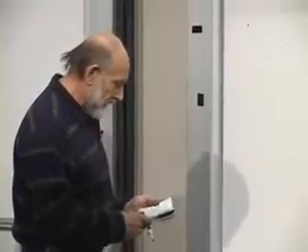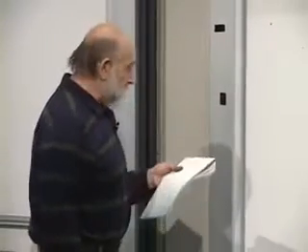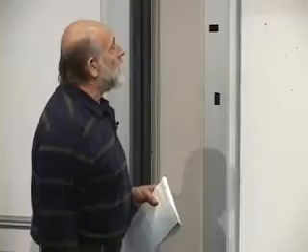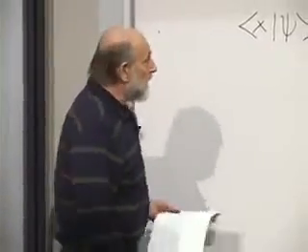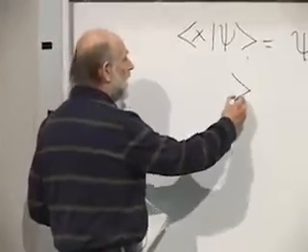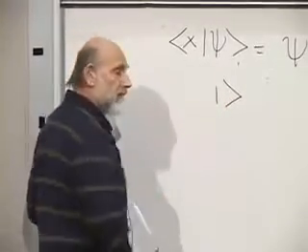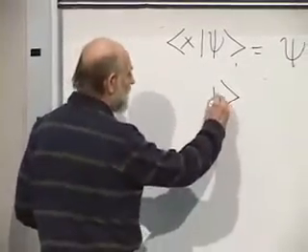Now, let's apply this in particular to a wave function of definite momentum. Let's call it p. If I call it p, I'm going to have to put an h bar in. Let's call it k.